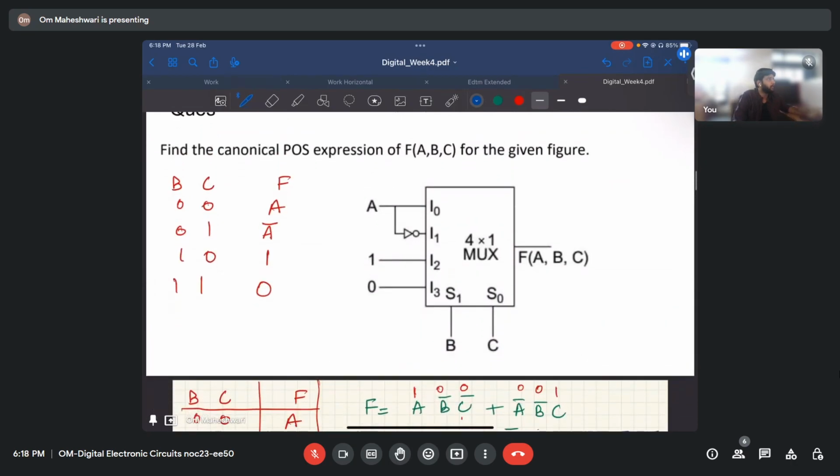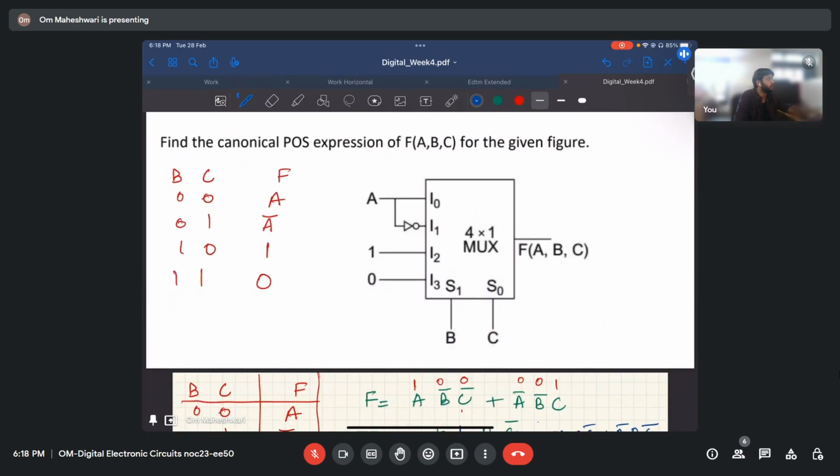So let me look at the participants. If anybody has any questions. Okay, so there are three participants, I suppose. Does any of you have any questions in this, or do you want me to repeat it? Please write yes or no in the chat if you want me to repeat it.